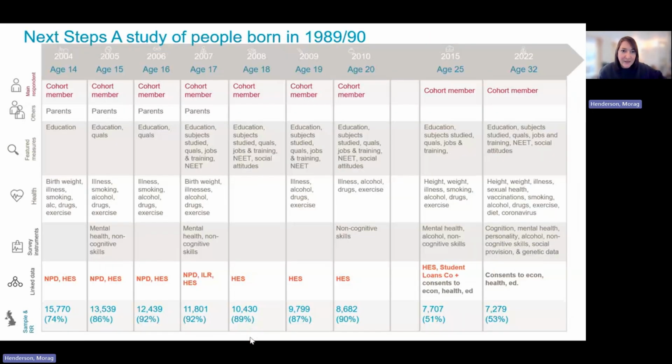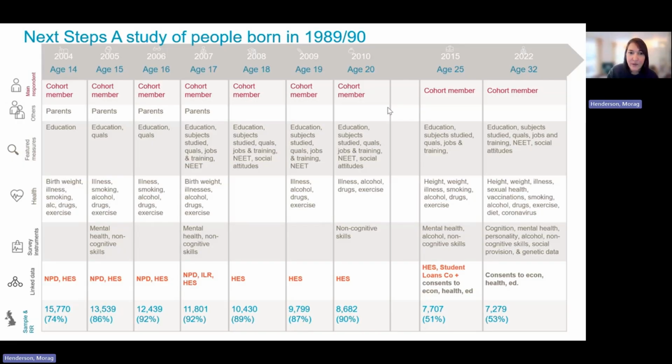For Next Steps, this is a slightly different structure. As I mentioned before, it's a school-based sample, so it didn't start from birth, it started at age 14. We have this cluster of 7 sweeps together annually up till age 20. There was a slight break in the study, and then we follow them again from age 25 onwards, and the most recent sweep is age 32.